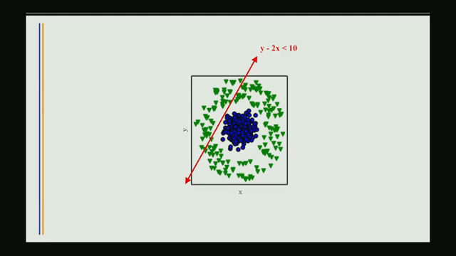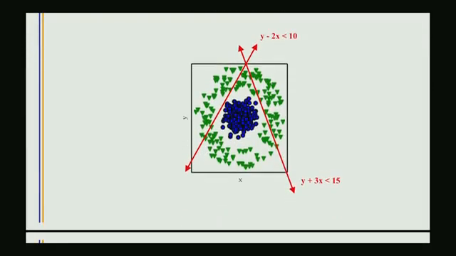So let's draw that. And I can come up with the equation for that line, the linear equation for that line. The techniques I showed you on the previous slide, in one form or another, are trying to discover these linear classifiers that help us. Clearly, one is not enough.